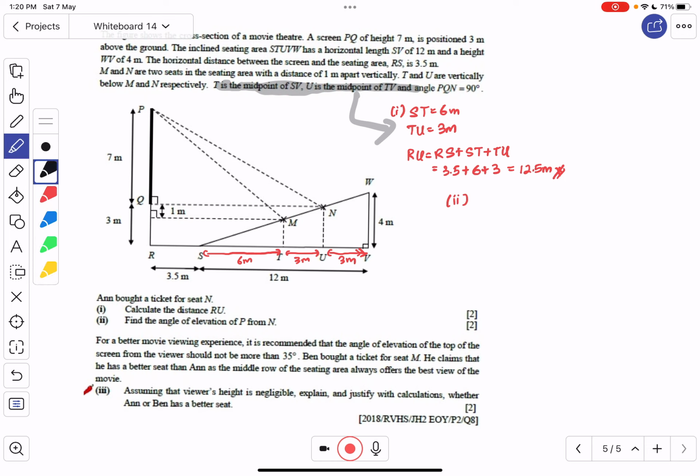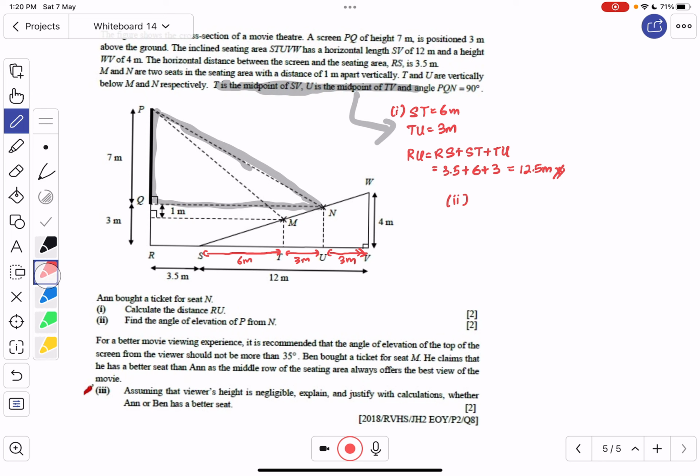So let's look at a triangle here. Since it is P from N, we definitely will be observing this triangle here, and the angle that we're interested in is probably this one. If we observe this triangle, we know that there's a QN, which will come in handy.